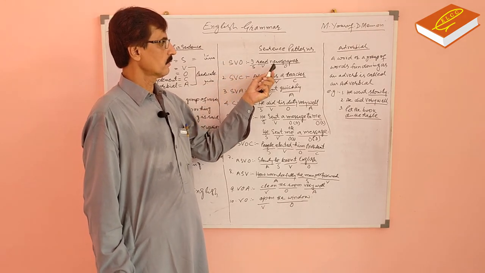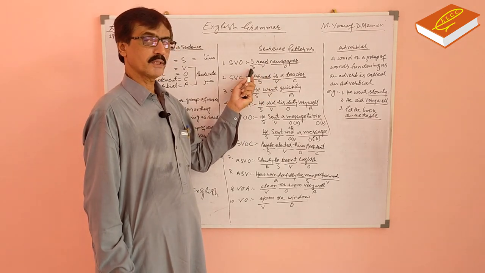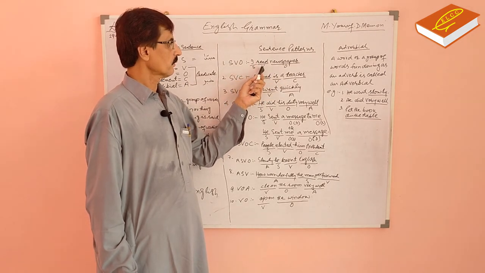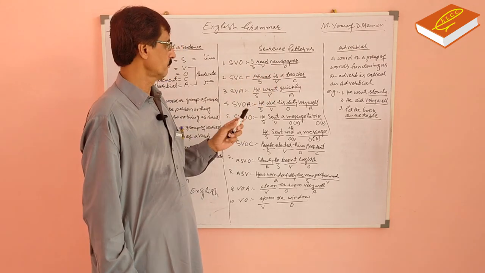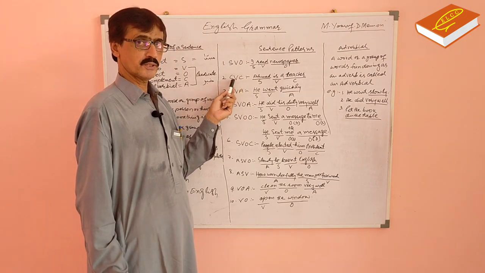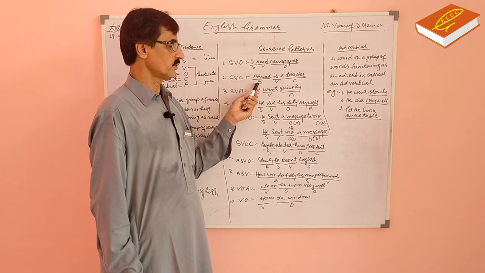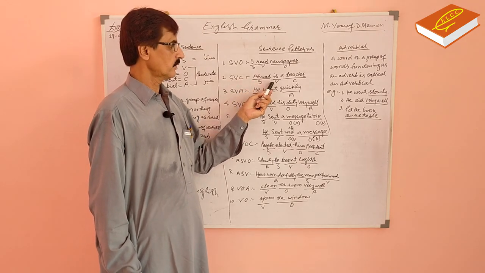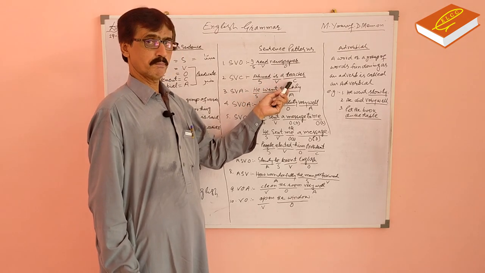I read a newspaper. I is subject, read is verb, newspaper is object. Second, subject, verb, complement, SVC. Ahmed is a teacher. Ahmed is subject, is is verb, and a teacher is complement.